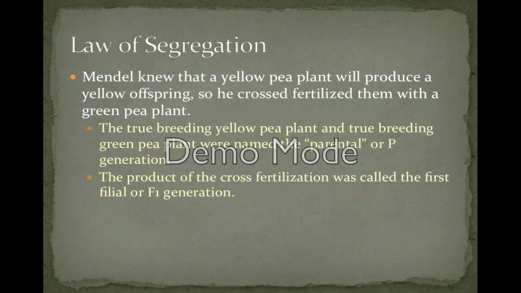The true breeding yellow pea plant and the true breeding green pea plant were named the parental or P generation. The product of that cross-fertilization was called the first filial or F1 generation.